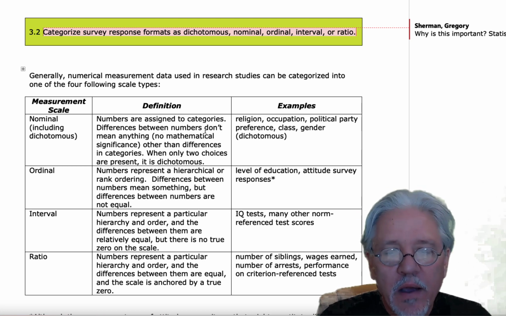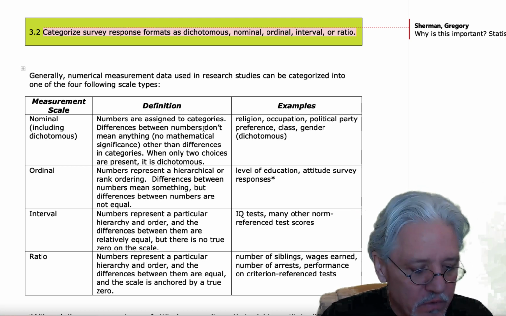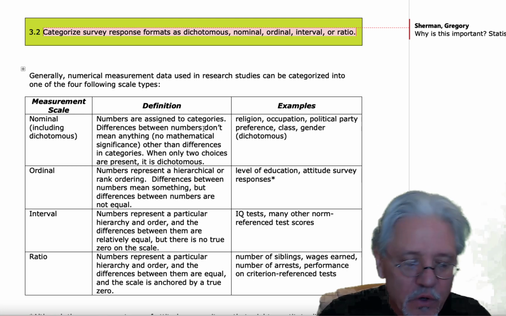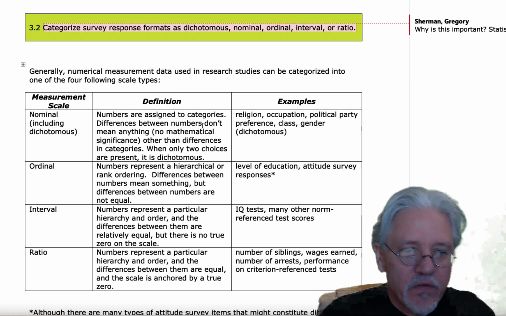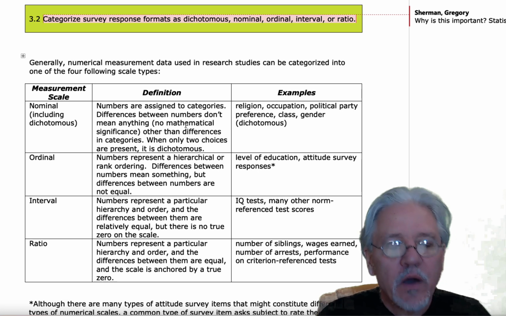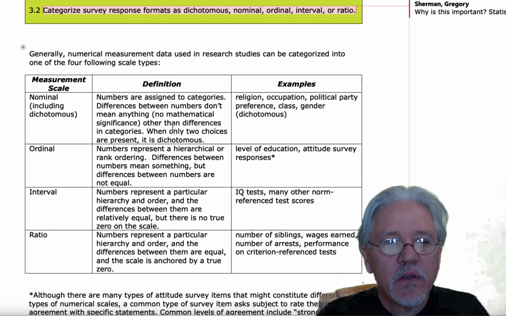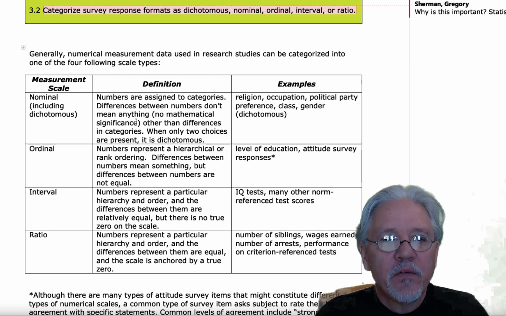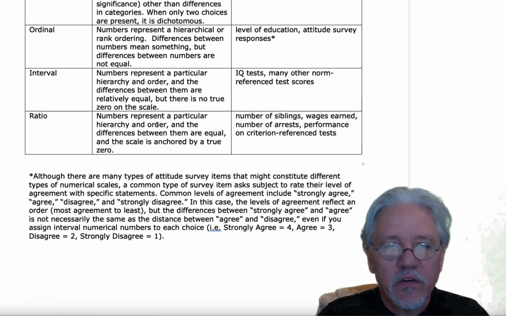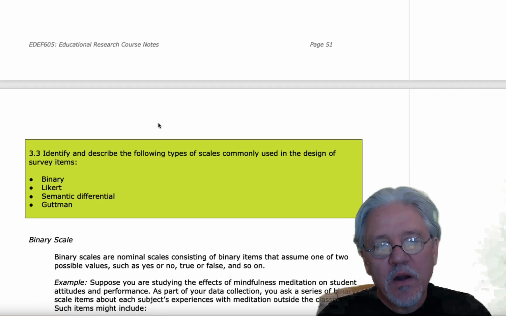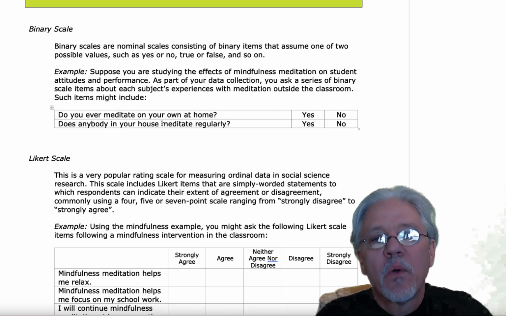And that's why I included this. It's really important when you're reading research, when you're reading the results of surveys, to be able to better understand that the type of scale used and the data collected is going to inform what statistics you need to use. And I talk about that later on in the notes.